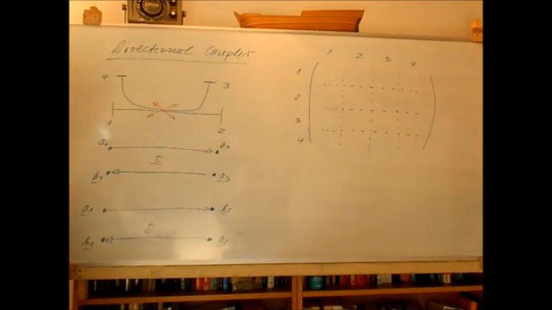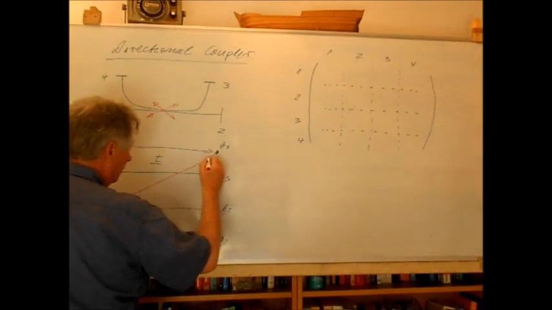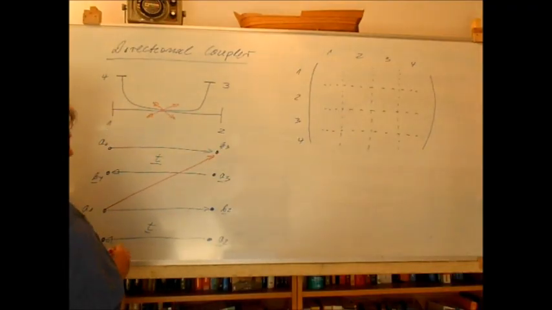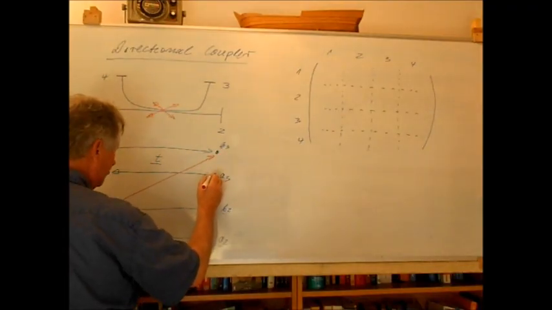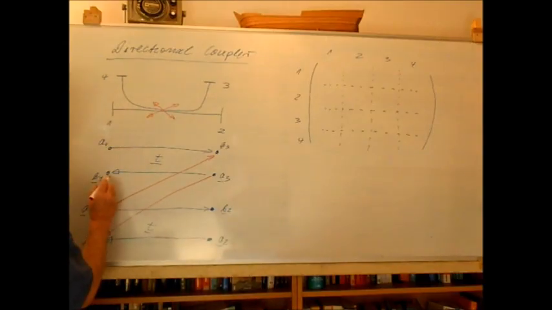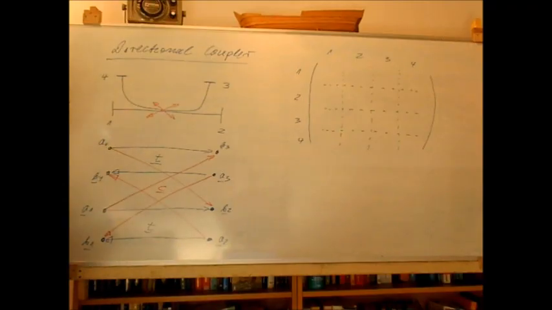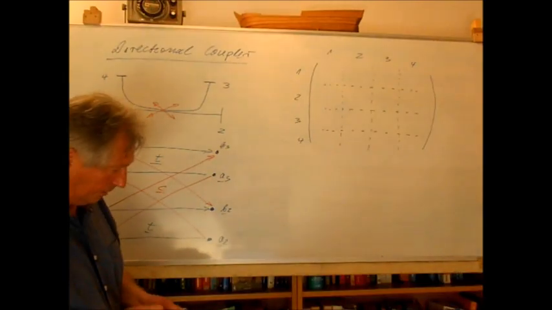So we will have here a coupling from port 1 to port 3, and we will have a coupling from port 3 to port 1, and we will assume that we have the same coupling between port 2 and port 4, and we will have a coupling between port 4 and port 2. This we will denote by a coupling coefficient C. As a transmission line, always the input reflection coefficient of the transmission lines will be 0.